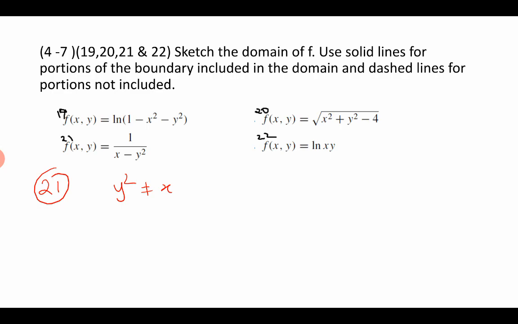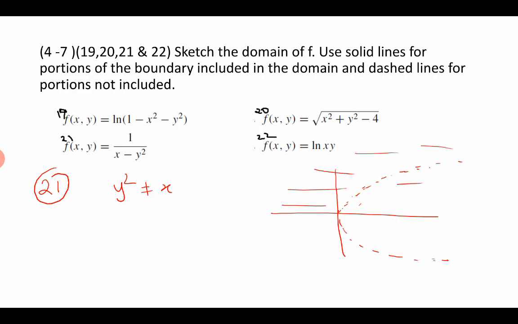So x is equal to y square, a parabola towards the right, but not including the elements on the parabola. The x y values on the parabola are not included, so it should be a dotted parabola, and all other elements on the surface except the points on the parabola.